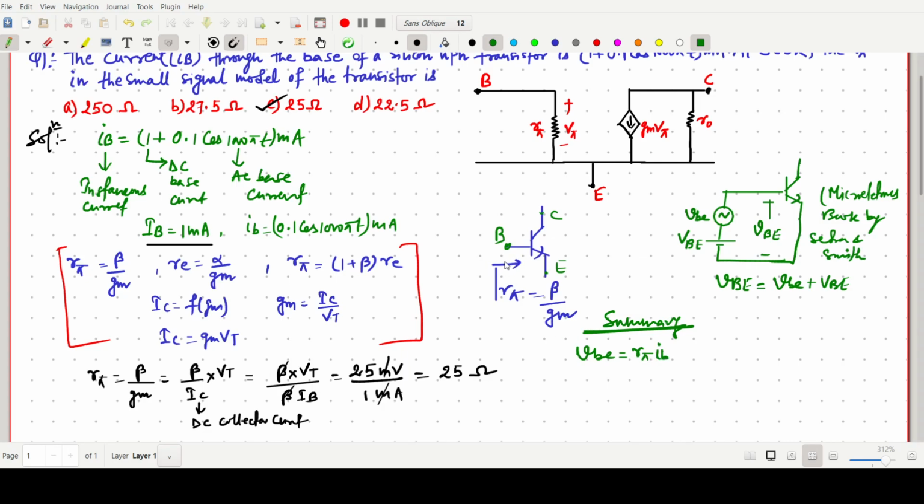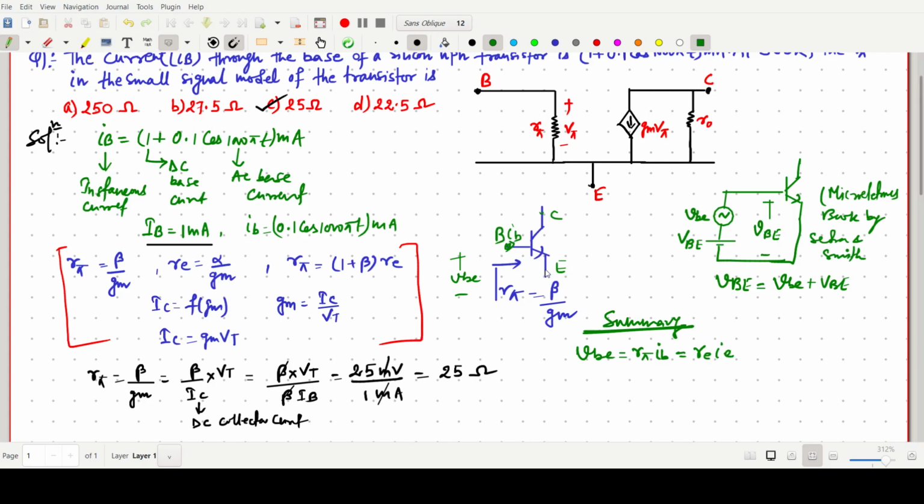Resistance looking from this side is VBE by ib, so VBE equals R pi ib. This is also the same as the resistance looking from the emitter side: VBE equals Re ie.